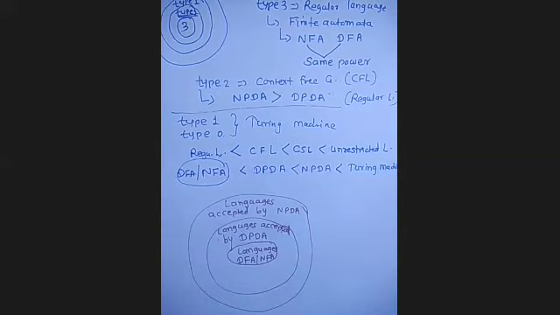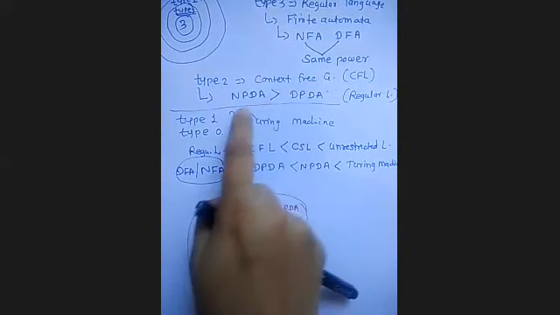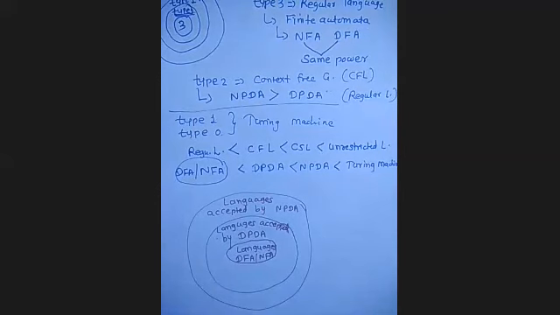Okay. So now, up till now, we have designed the NPDA or DPDA for the language. Now, we'll design what we have seen, Type 2, that is the context-free grammar. It is accepted by the NPDA. So let us directly design the NPDA from the grammar.